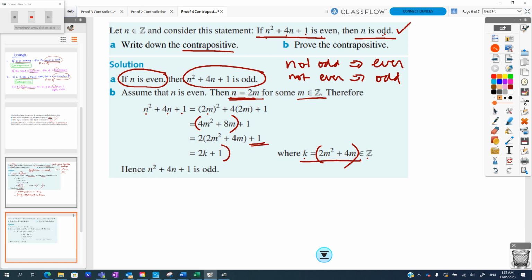We've got this 1 left over, so that means when n was even, we got an odd number. So we prove the contrapositive is true, so therefore the original statement is true.